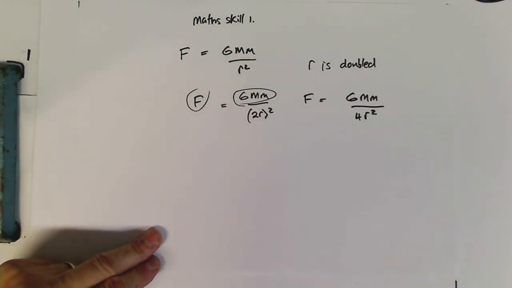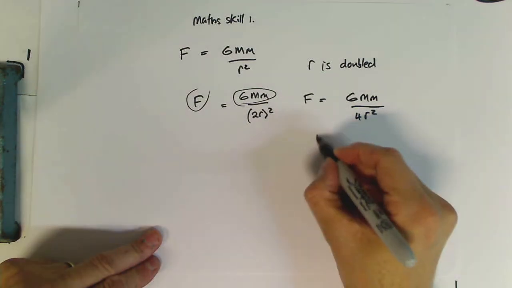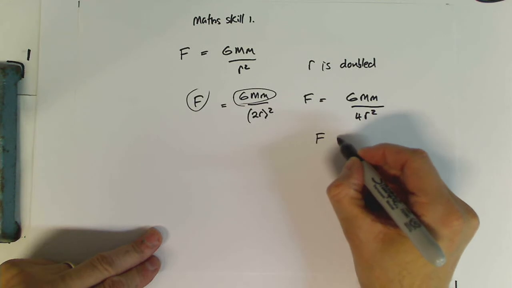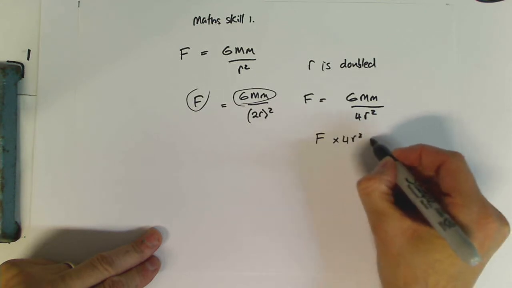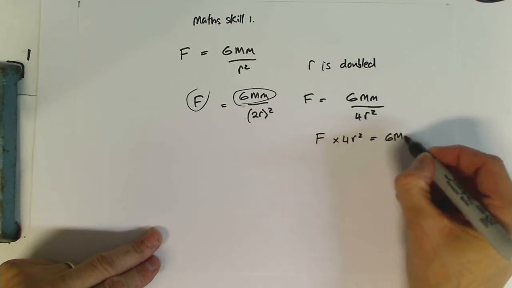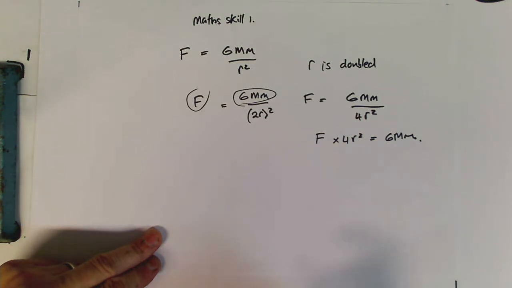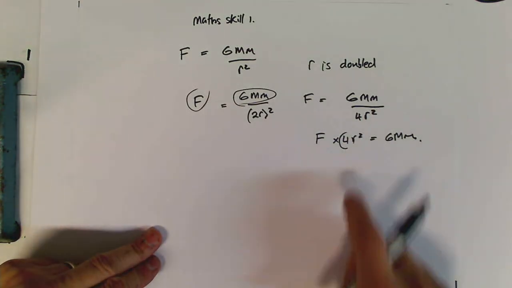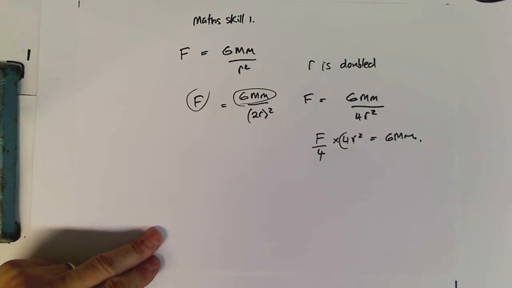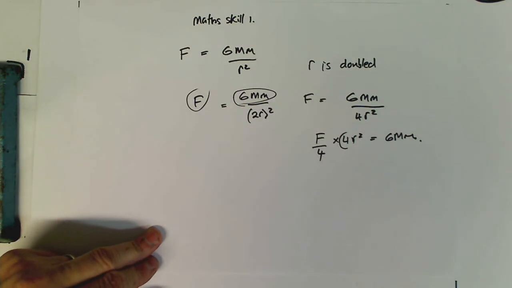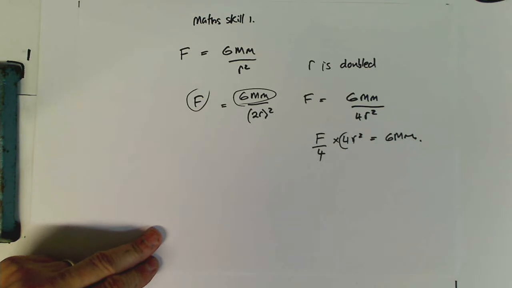So it's like suddenly we just introduced a 4r squared, so we could look at that as 4F times r squared equals G M m, and you can say, well, that's what it was before, but now we've got a 4 there. The only way that can still equal a constant is if we put a 4 there. So we can say that if the radius is doubled, then the force will be quartered.